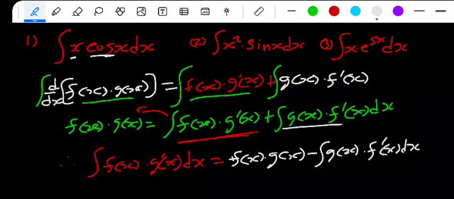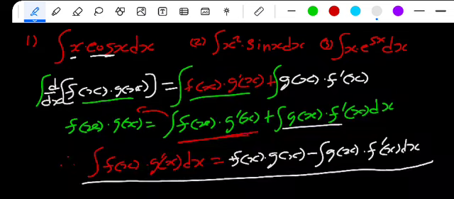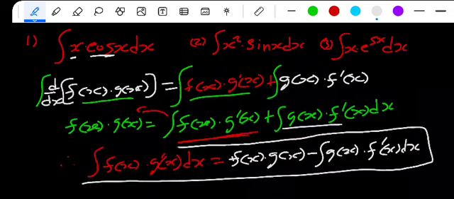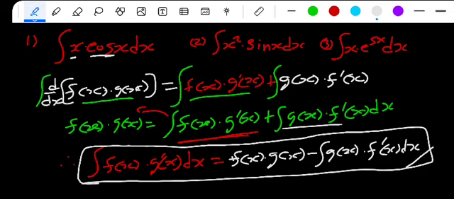So this is integrating by parts. This is the formula we're supposed to apply, and this is the formula you're supposed to know.